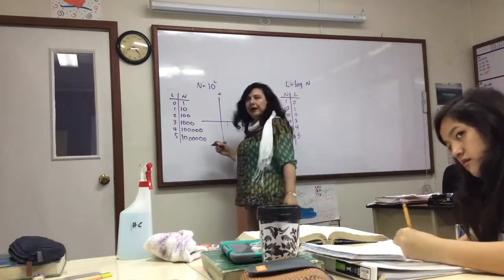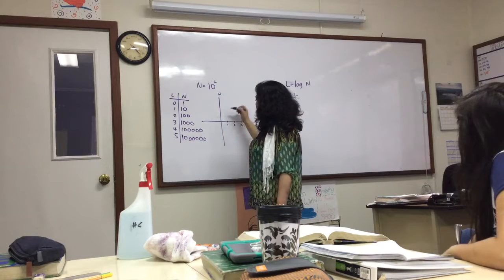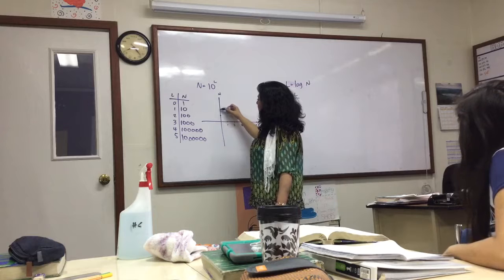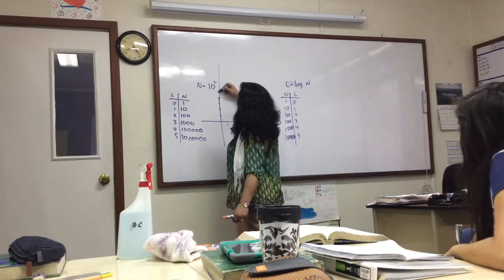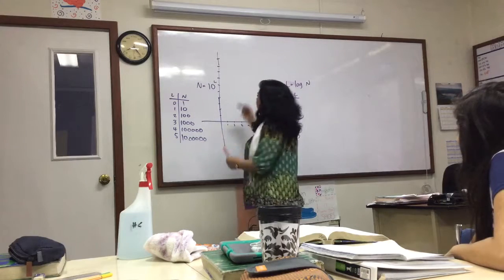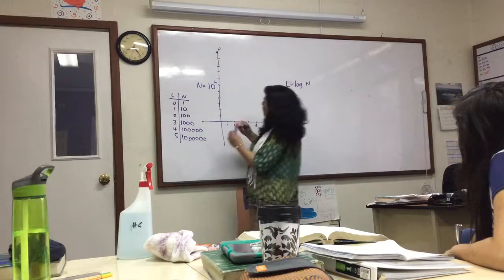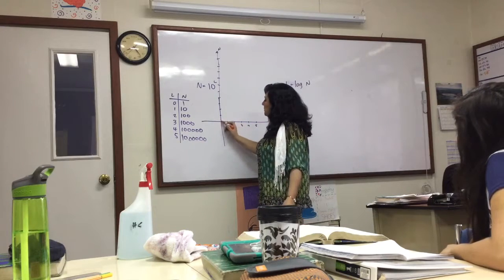And I'm going to put this by the hundreds, and even then it's not going to work, but let's try it. 100, 200, 300, 400, 500, 600, 700, 800, 900, 1,000. So for 0, it's 1, somewhere down here.